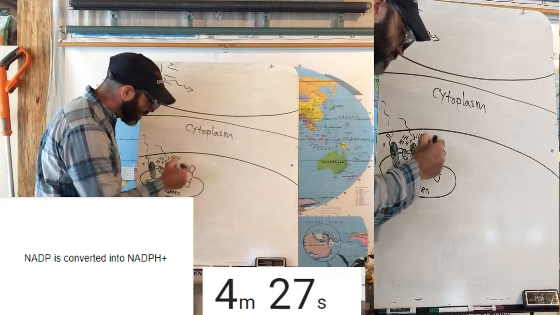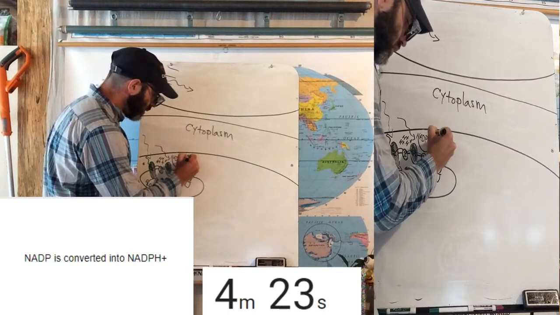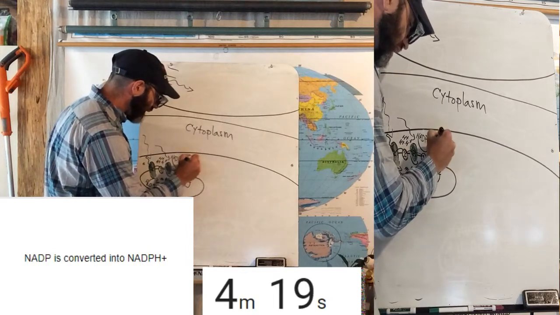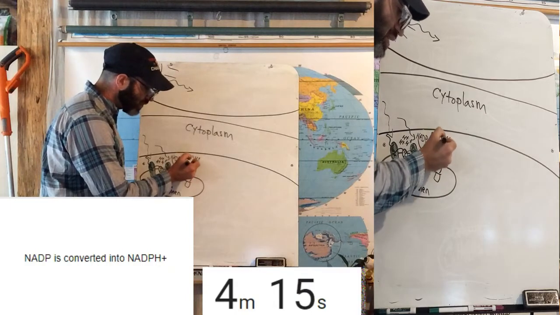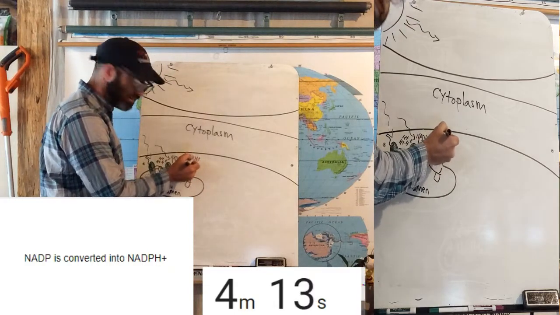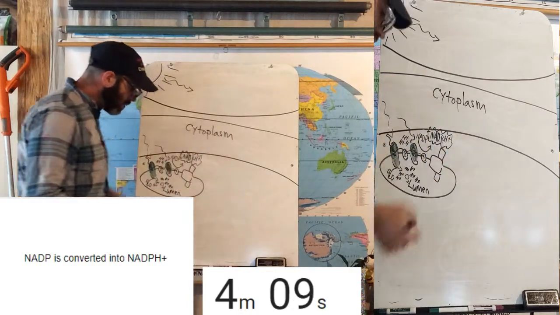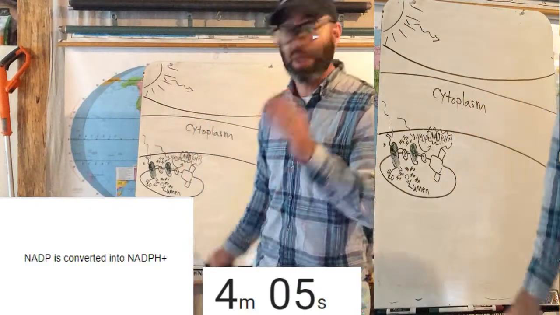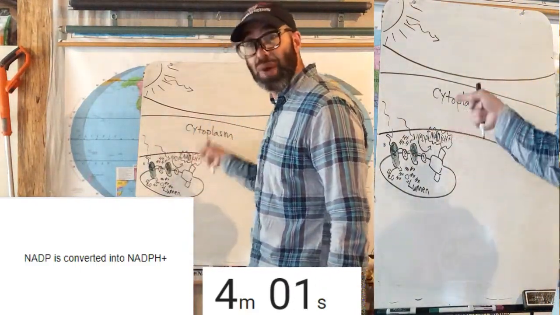NADP takes a little bit of that energy from the electron and puts it into a new molecule called NADPH. There's a bond between this phosphate and that hydrogen, and that's a high energy bond. This is a high energy molecule. So some of that energy from the light, from the photon, gets put into this molecule.